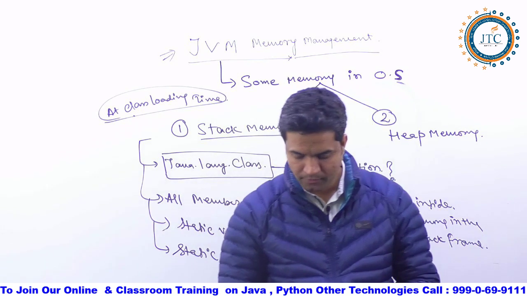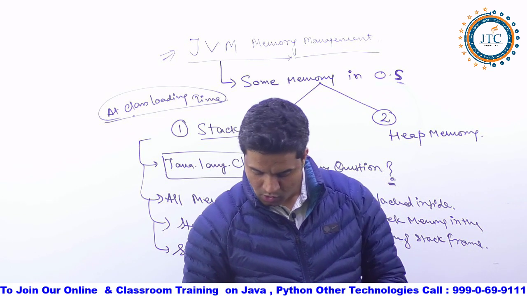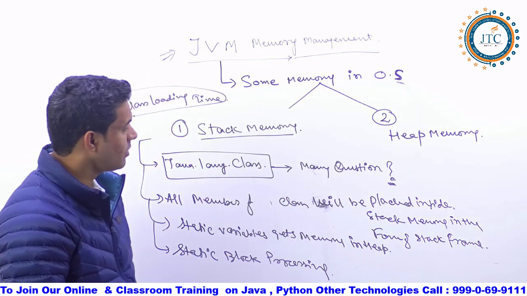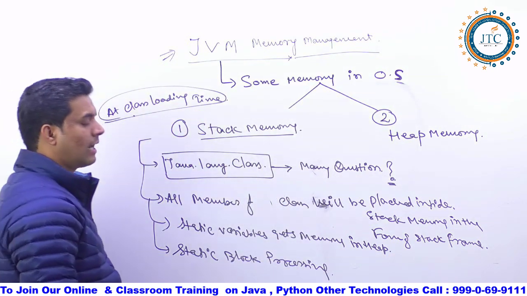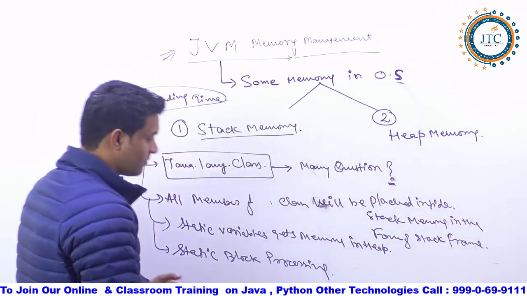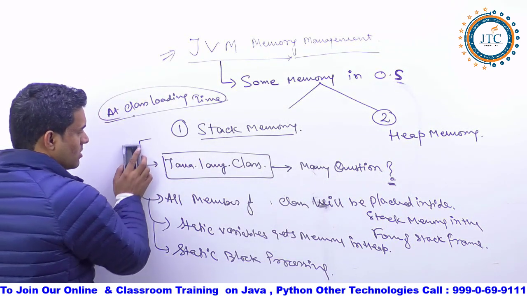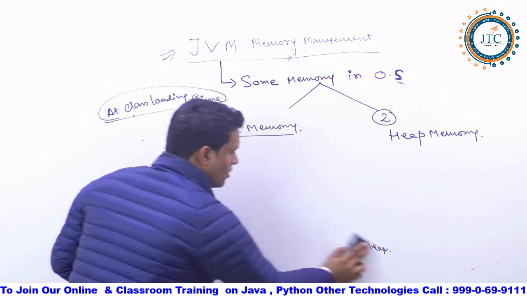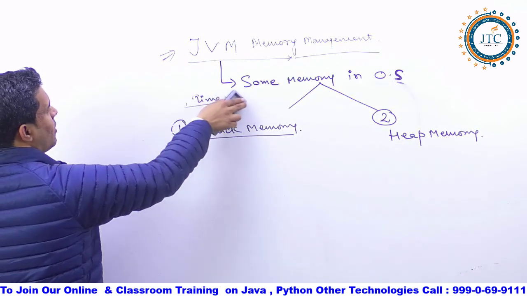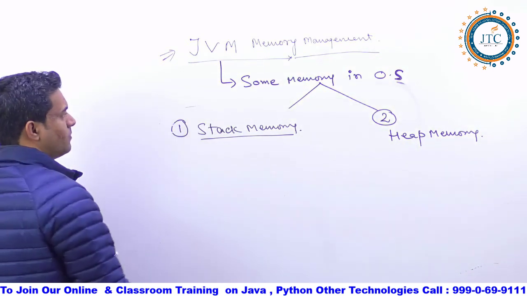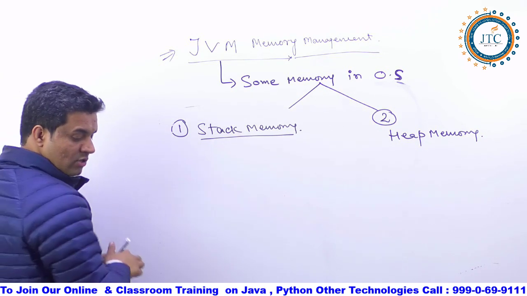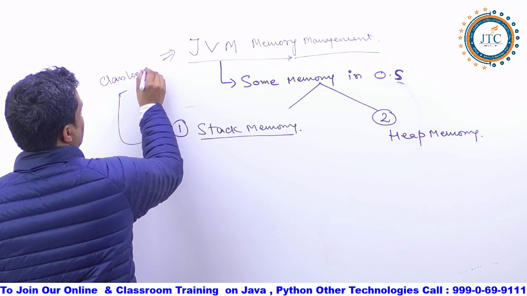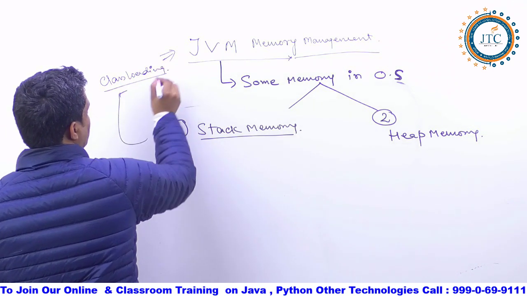Now we'll see what will happen at the time of object creation. I'll just remove this out. So what is going to happen at the time of object creation first? The first one was class loading, that's fine.